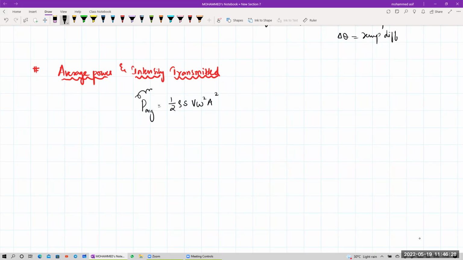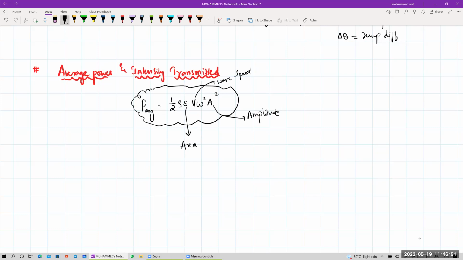This is your standard formula, beta. Very important formula, a question regularly asked in JEE Mains. S here is the area, beta, and A here is amplitude. Since I have already represented amplitude with capital A, I am representing the area by the letter S. V is your wave speed, omega is angular velocity or angular frequency, and rho is the density of your wave.